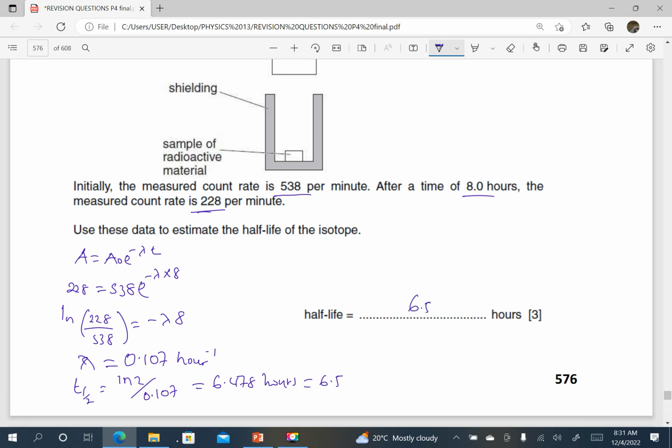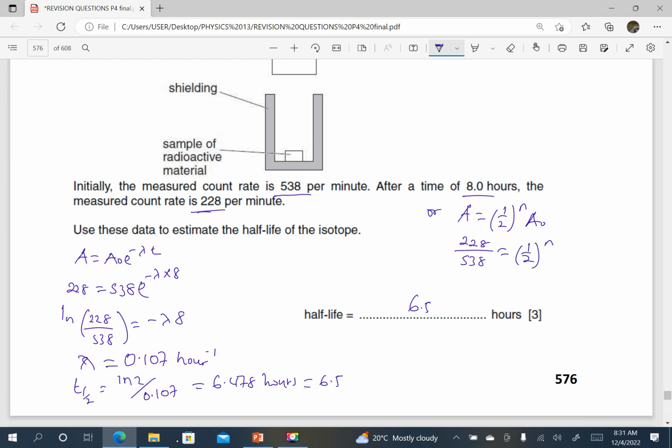We could also find this by finding n. We know that activity is equal to a half power n times A naught. This is another alternative. So it means A over A naught is going to be 228 over 538, equal to a half power n.